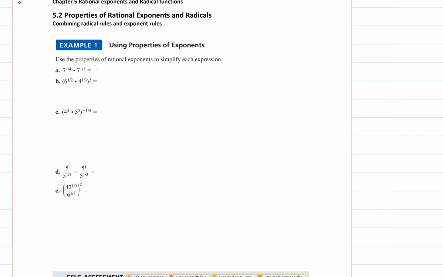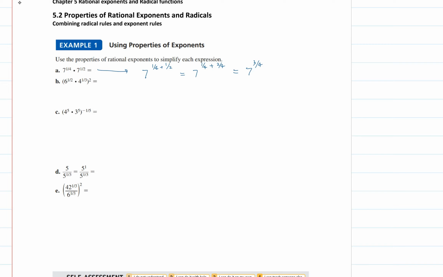So what am I going to do when I'm multiplying those? I would add their exponents, 1/4 plus 1/2. The issue here is that I need a common denominator. So in order to add them, I can rewrite the second fraction as 2 to the 4th, and I end up getting 7 to the 3/4.